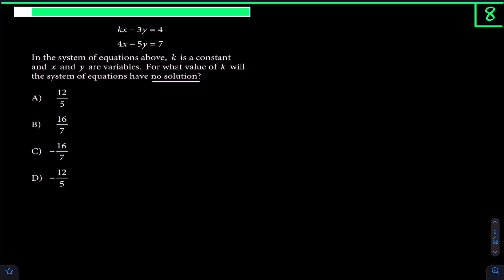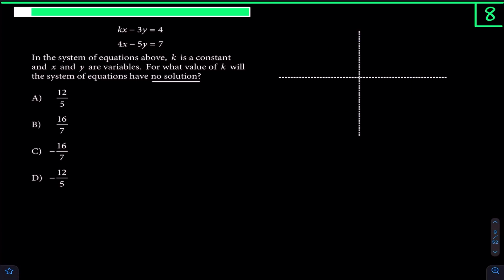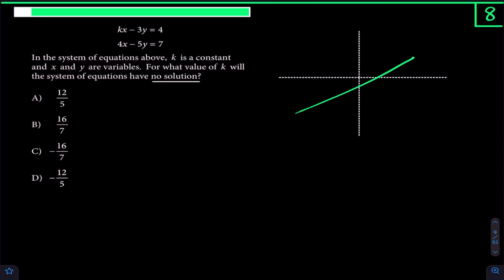So as a quick recap of what systems of linear equations actually are, here is an xy axis here. Okay, here's your xy plane. And usually, what happens with a system of equations, so like here's a system of equations. These two are lines.